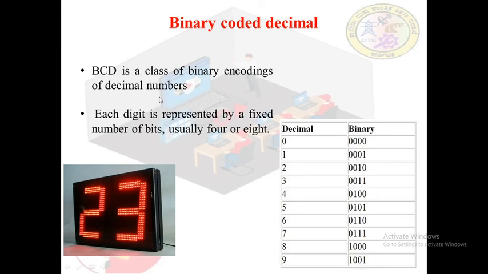In simple terms, each decimal digit will have its own binary equivalent, which can be directly assigned to it for faster processing. This system is called the binary coded decimal system.